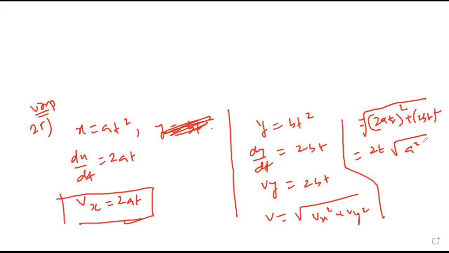Inside you will get the square root of a square plus b square. So 2t times the square root of a square plus b square is option A.